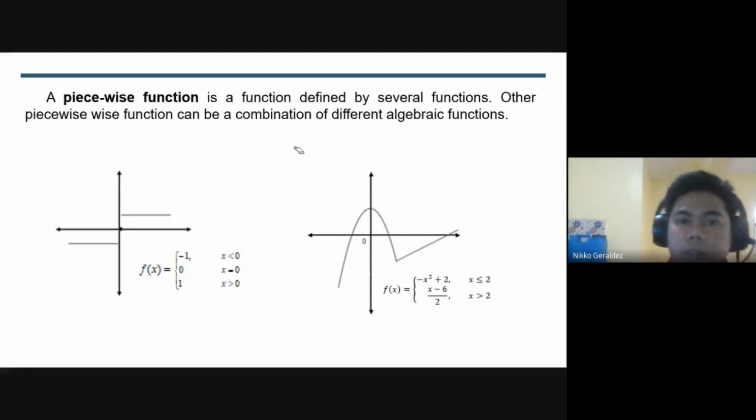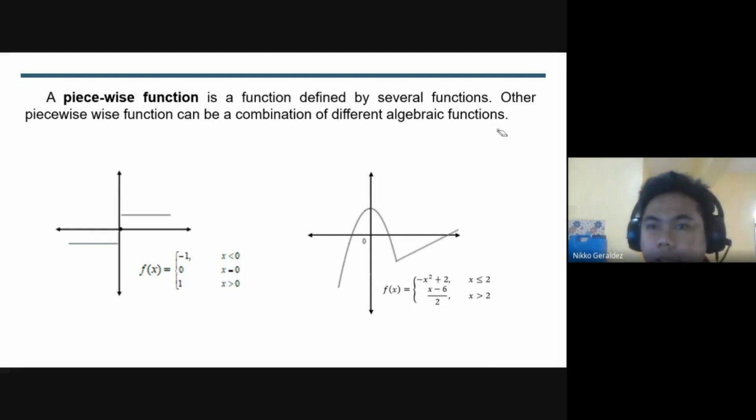The next is the piecewise function, defined by several functions. So other piecewise function can be a combination of different algebraic functions. Basta, combination of functions. Halimbawa dito sa first figure, it is a combination of constant functions.